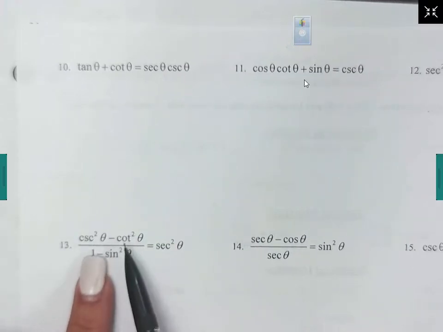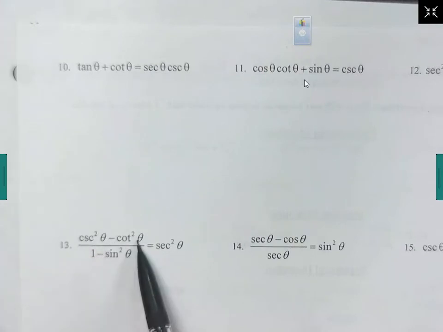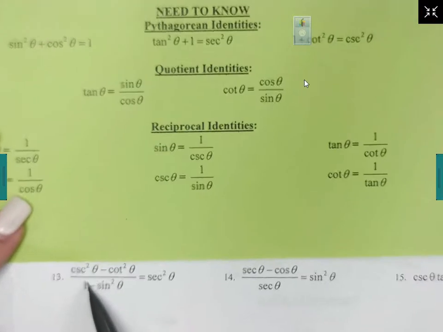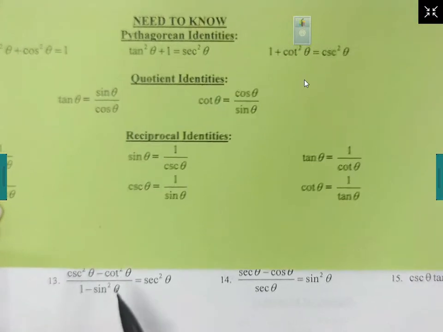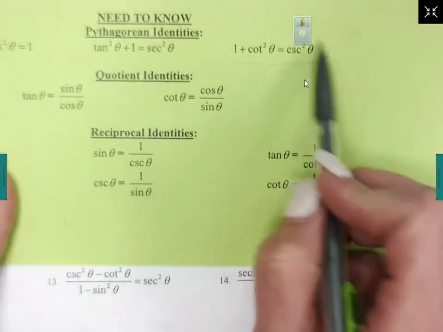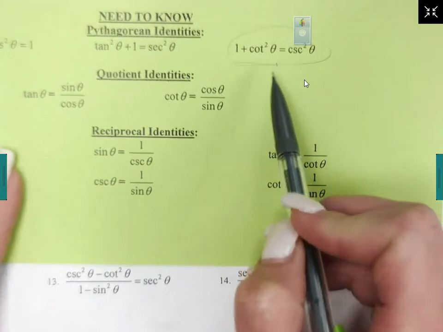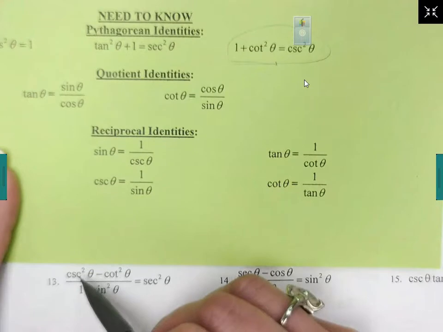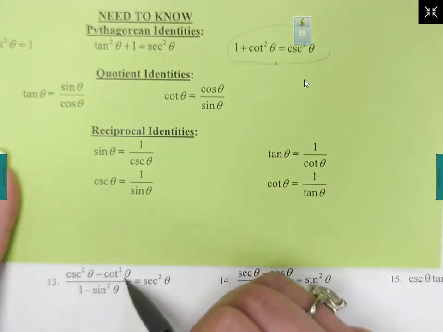Do you see how it's clearly in a Pythagorean identity? So if we went to our identities here, we see cosecant squared minus cotangent squared. We know we're going to use this one, cosecant squared, and we want to make this look like cosecant squared of theta minus cotangent squared of theta.